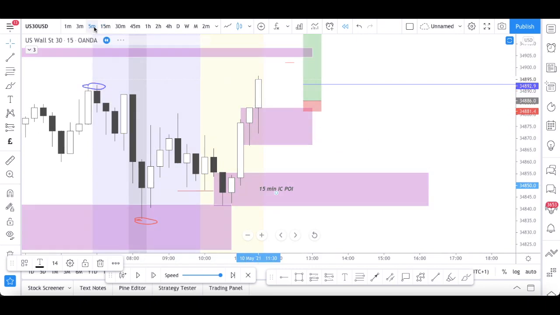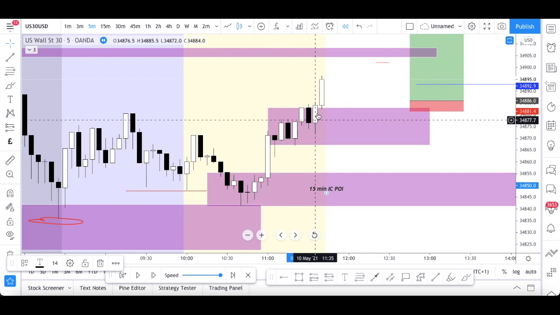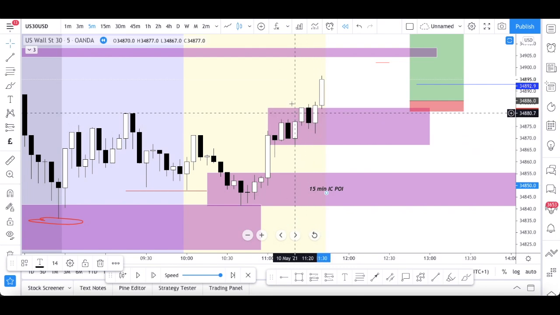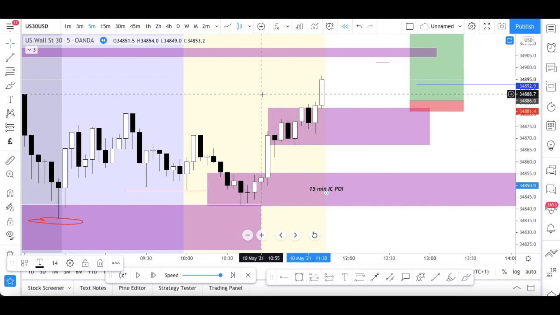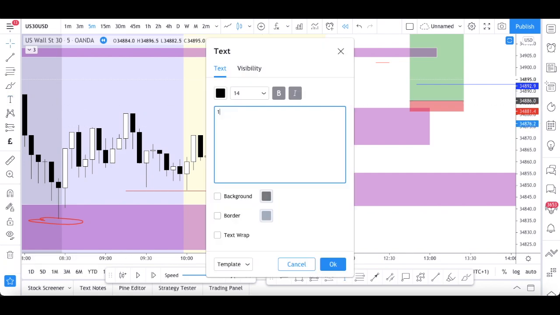However, if we go down onto the 5-minute, we can see that the 15-minute base is actually made up of all of this reaccumulation of price in here. So that's how the bases will look on these different time frames, like I stated earlier. So we have here the 15-minute base POI.